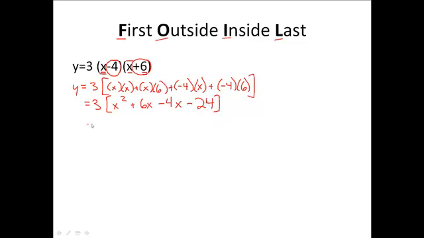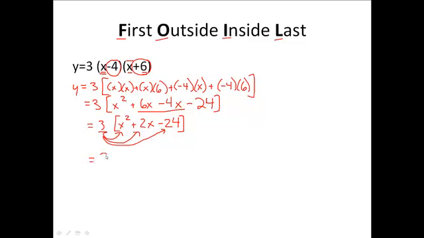Combine like terms. X squared, these are like terms, so 6x minus 4x gives us 2x minus 24. And finally, we have to distribute our 3 to each term inside our square bracket there.